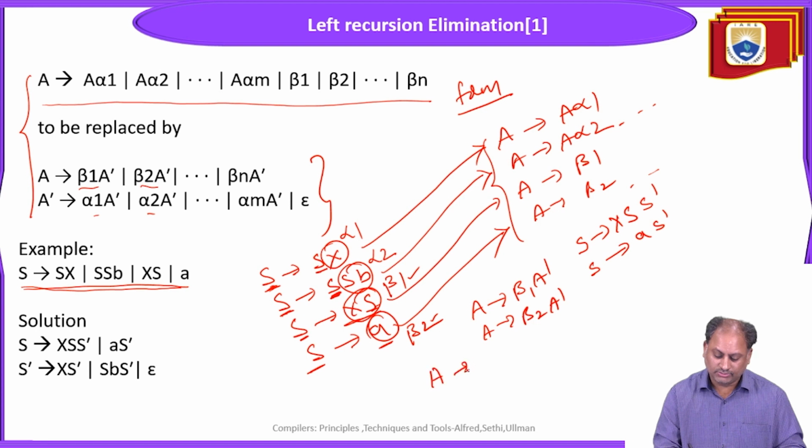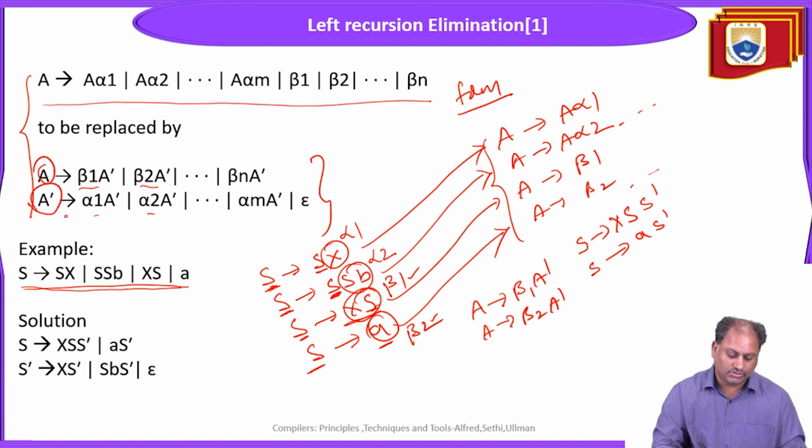A derives beta 1. Here in this, we are going to apply this here. What is A? Yes. What is A dash? A dash. Here we are going to apply A derives beta 1 for the two cases. We applied this first A, and then A dash we are going to get.